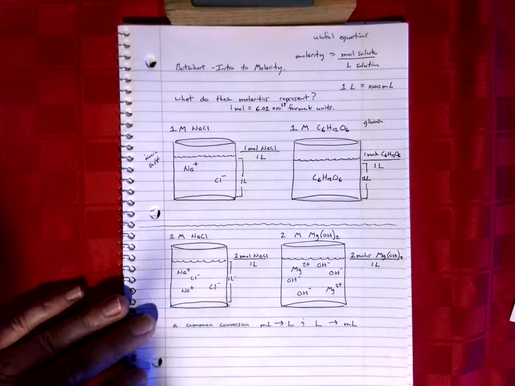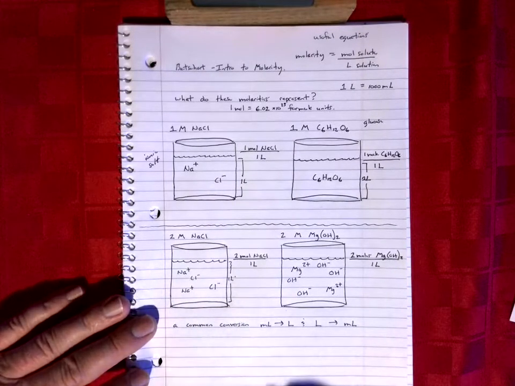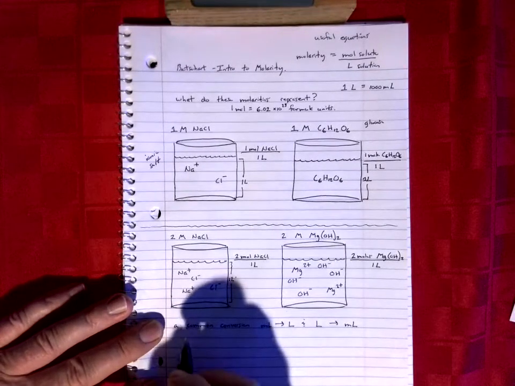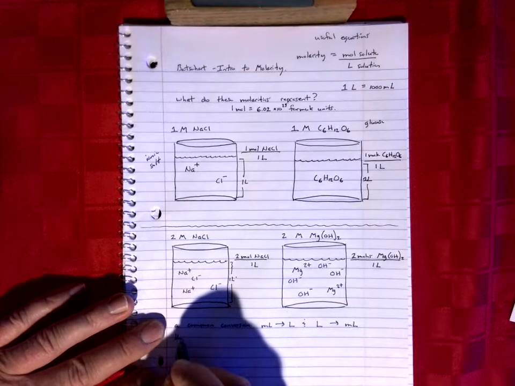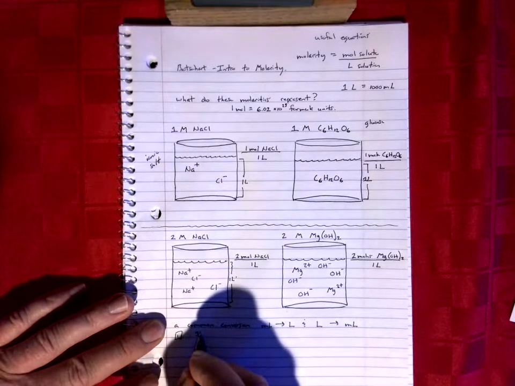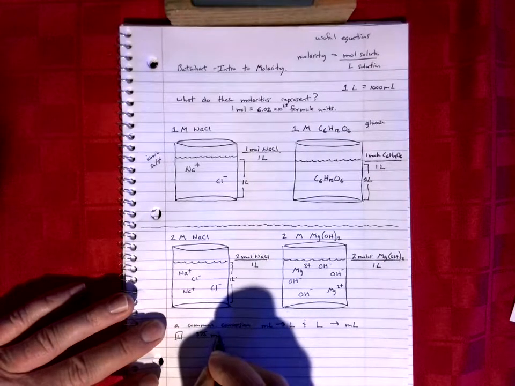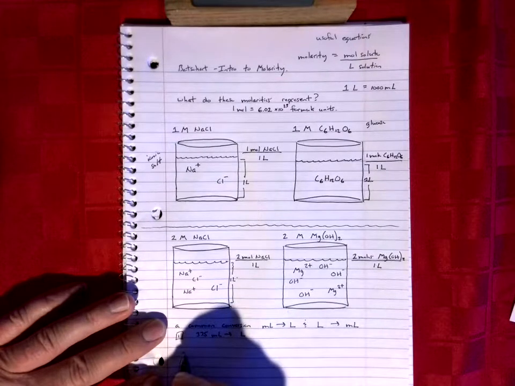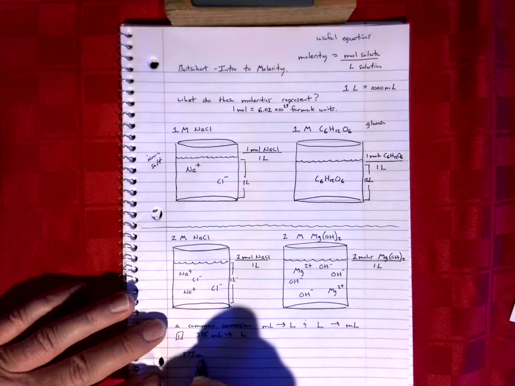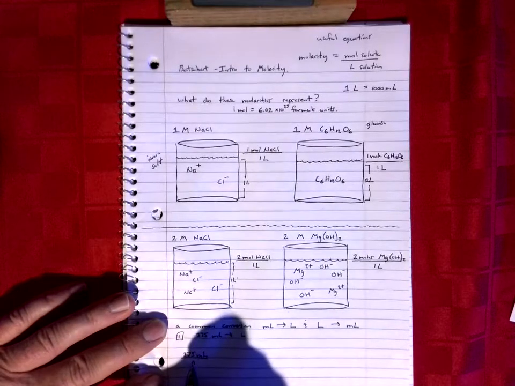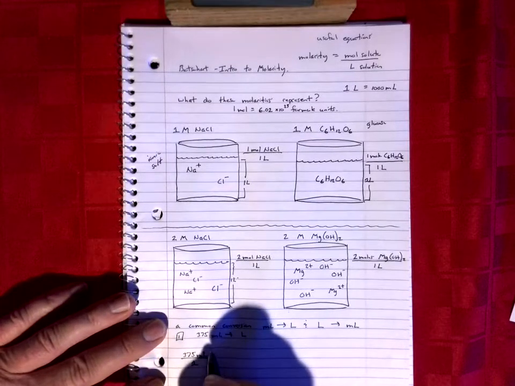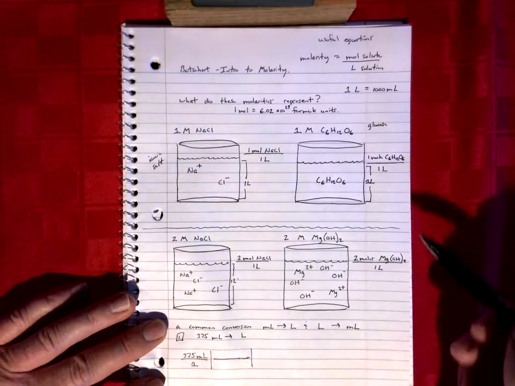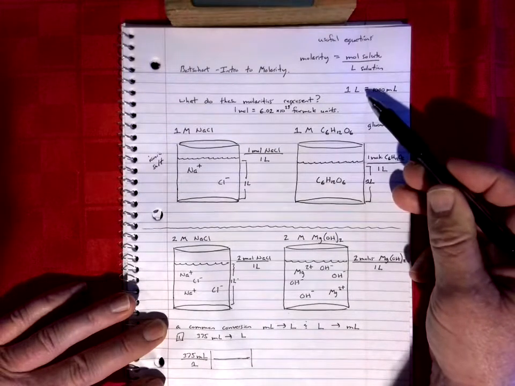Common conversions that you'll encounter in the next several days when dealing with molarity are from milliliters to liters. So let's say we were asked to convert, I'll put a number 1 here, 375 milliliters into liters. Well, we'd have our 375 milliliters, put a placeholder of 1 right there, and from up above, I know that there are 1,000 milliliters in 1 liter.